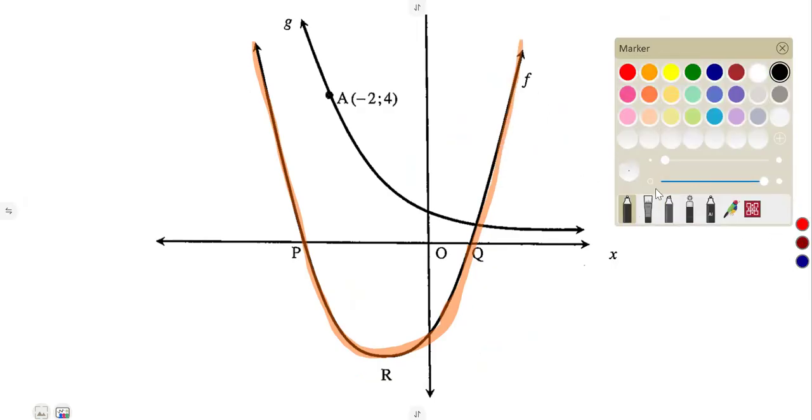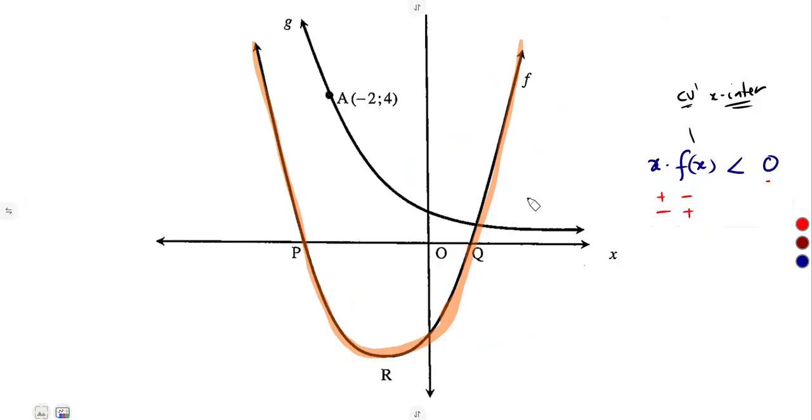That is where you're going to focus. At p, the value was -3. At q, the value was 1. Those are the critical values that you're going to use.